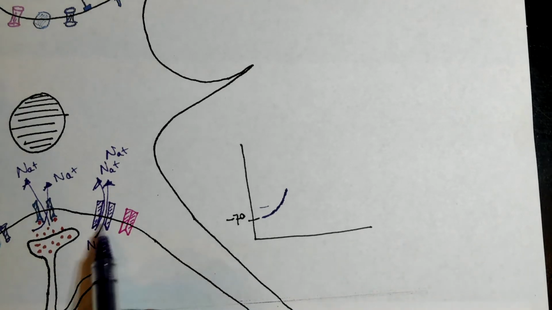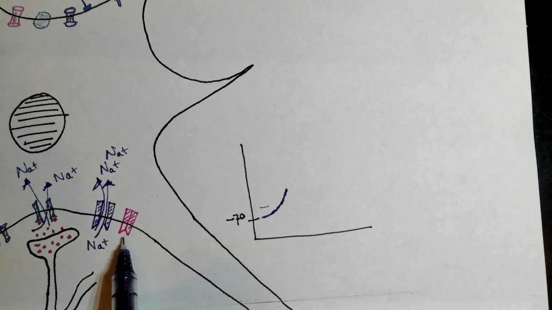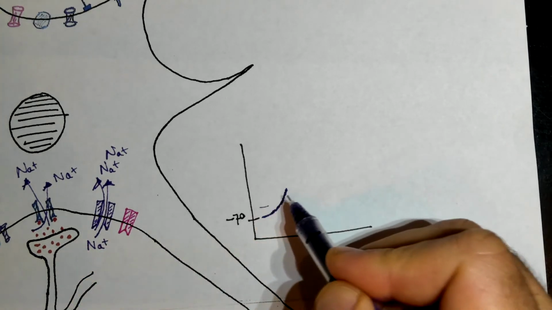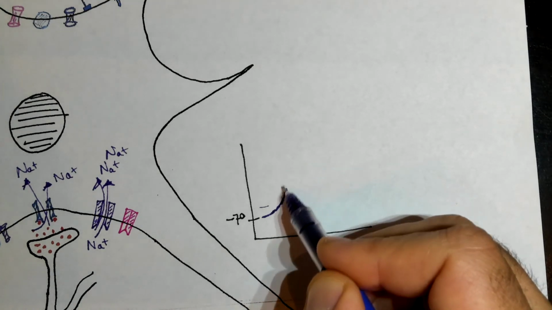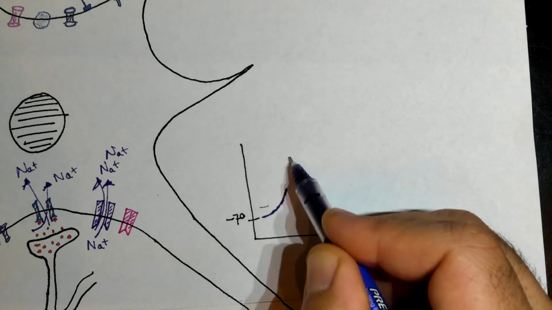Well, next door to that sodium voltage-gated channel, you have a potassium voltage-gated channel. And this one is going to open when the cell becomes more positive.